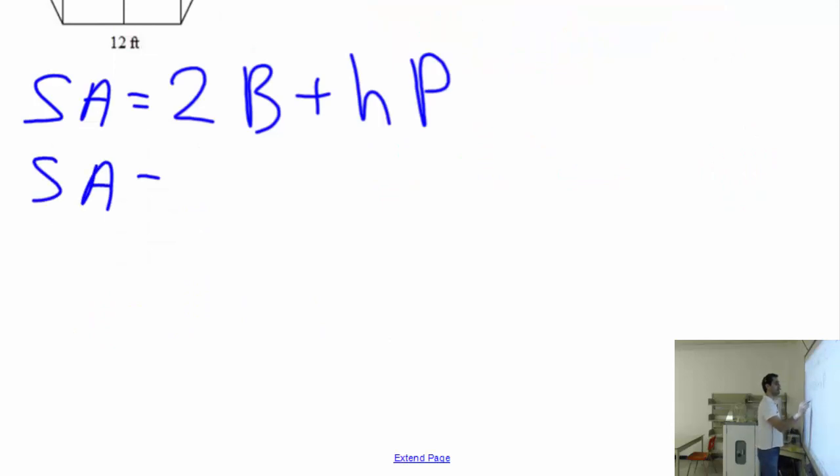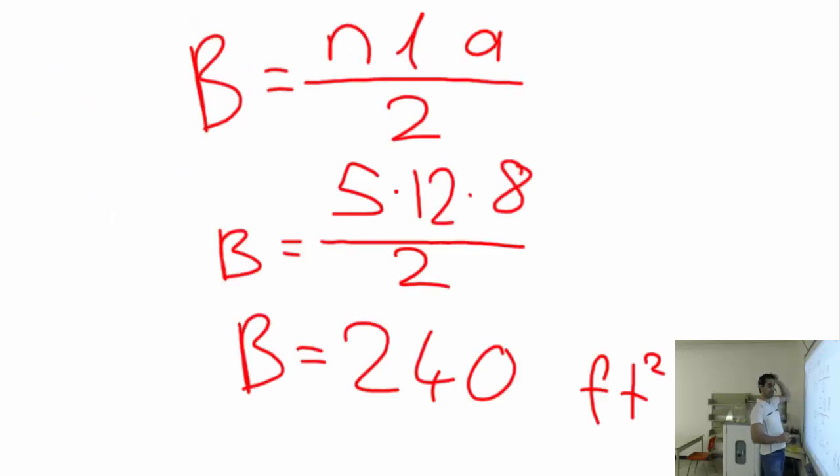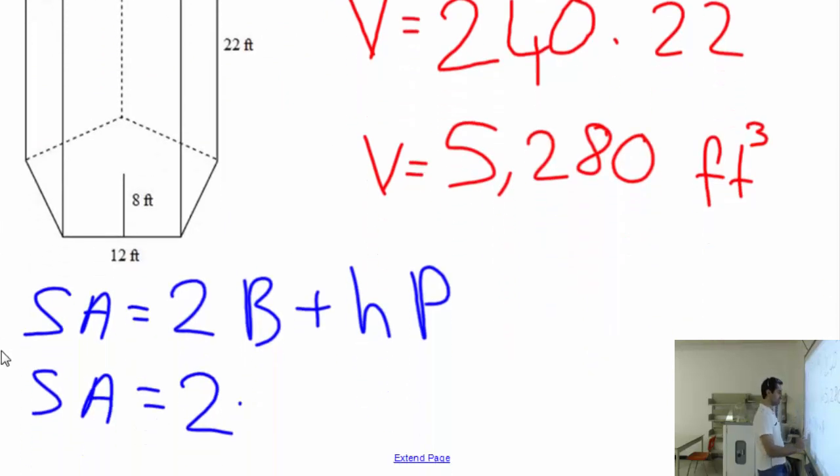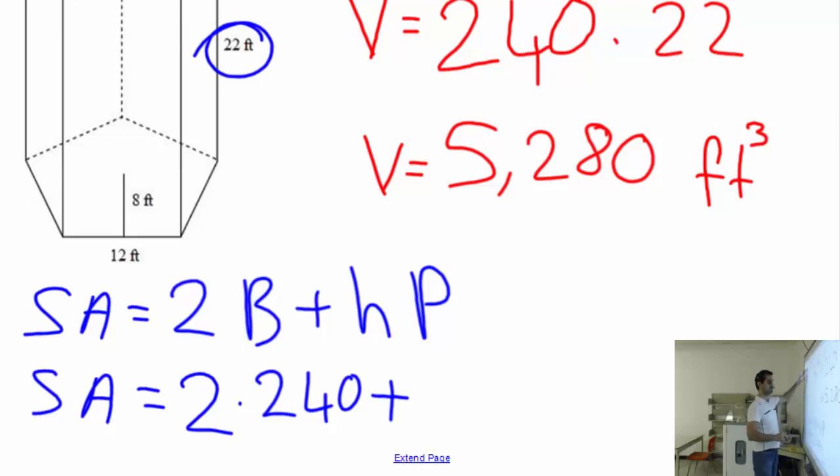Surface area equals 2 is 2. B, I calculated there, it's 240. 240 plus H is still the same, 22, times P. No idea about the P.